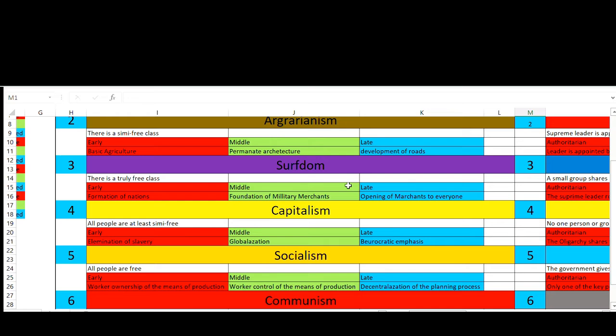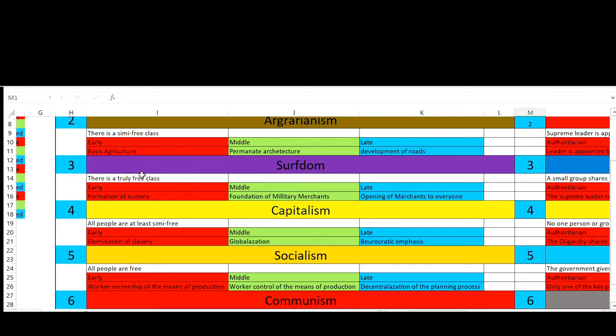They conquer territory outside of their nation, and that allows them to trade stuff from outside within their nation. And that allows people who would be military merchants to join the same ranks as the people in control of the national roads and the internal merchants. So they get to join the truly free class as well.